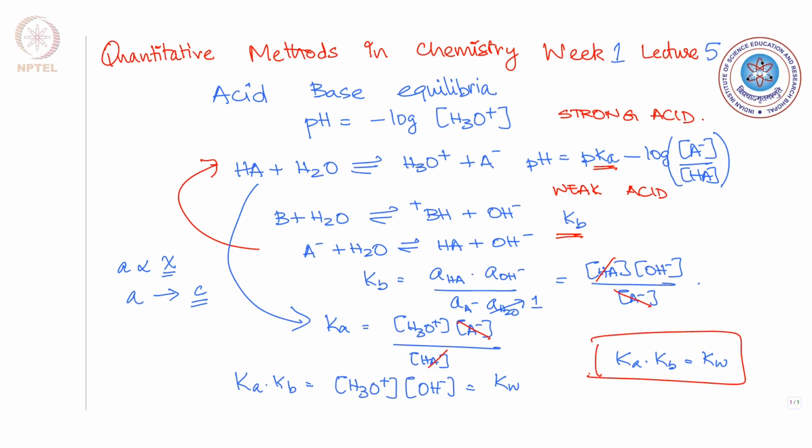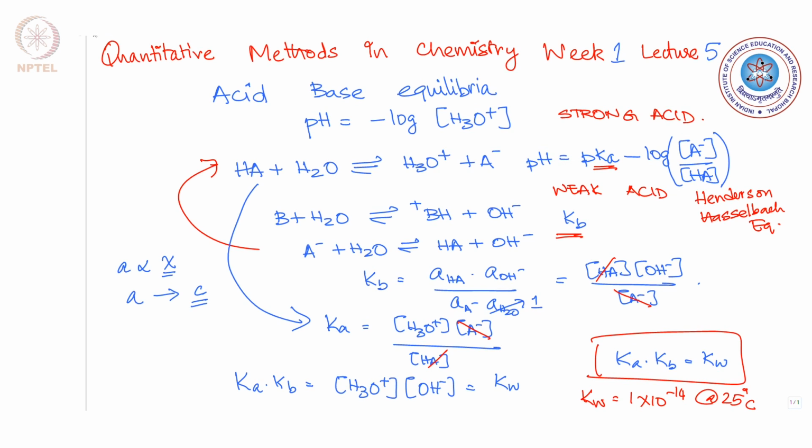Okay, so let me also write the Henderson-Hasselbalch equation here. And of course, we know that Kw is 1 × 10^-14 at 25 degrees Celsius.